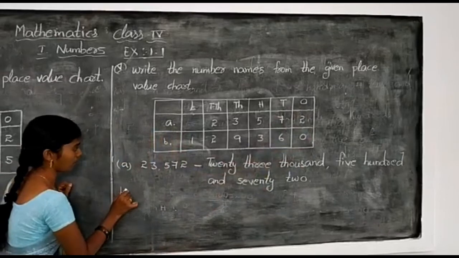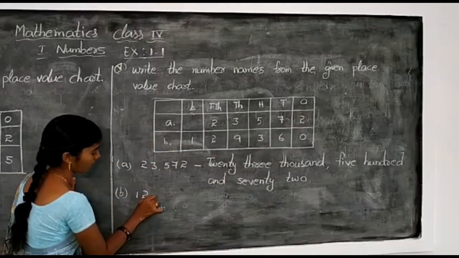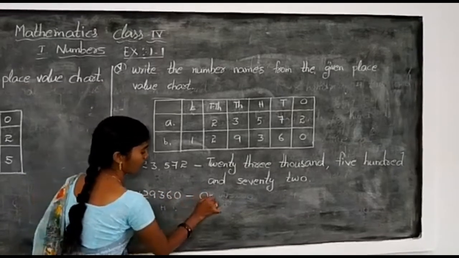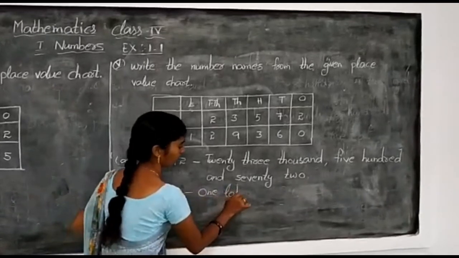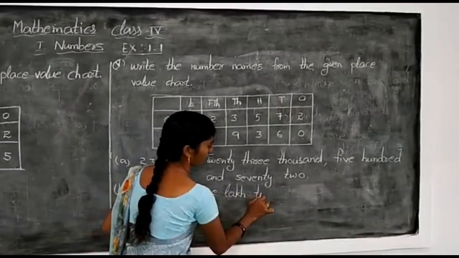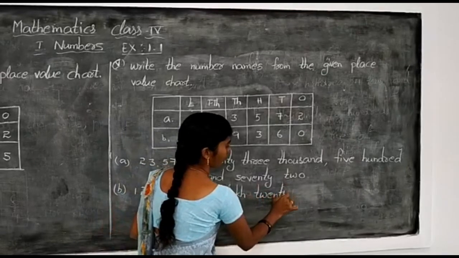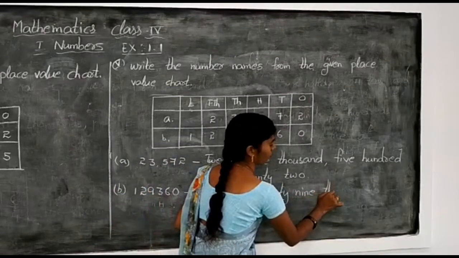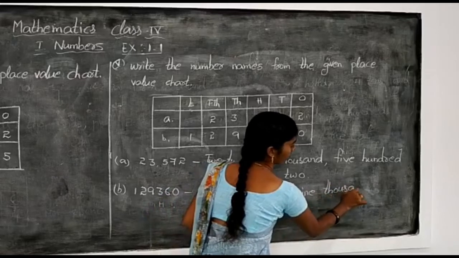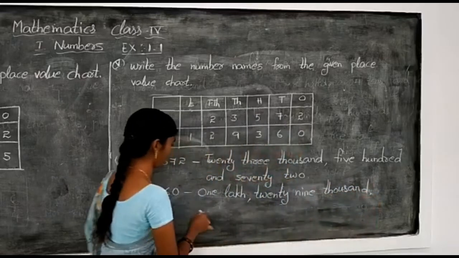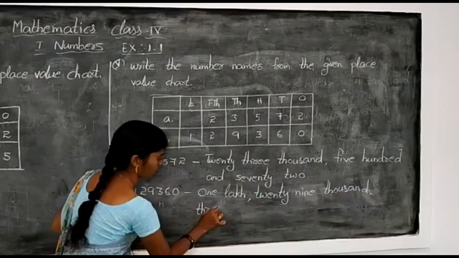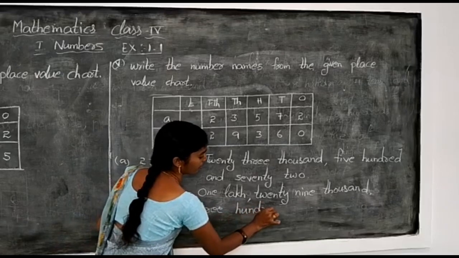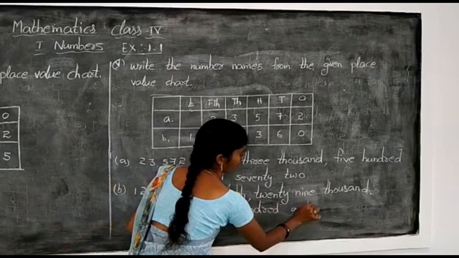Now write the B1 number name. One lakh, 29,000, 360.